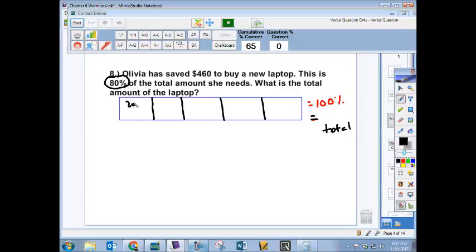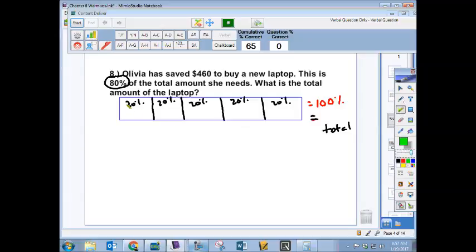There's 20%, 20%, 20%, that's 60, 20%, and 20%. Remember, it's all about dividing up 100%. Some people want to do 4 groups of 20, because it says 80%. No. We show 80% by showing 4 out of 5 pieces, right? Because remember, 80% is less than 1. It's less than 100%. Okay?